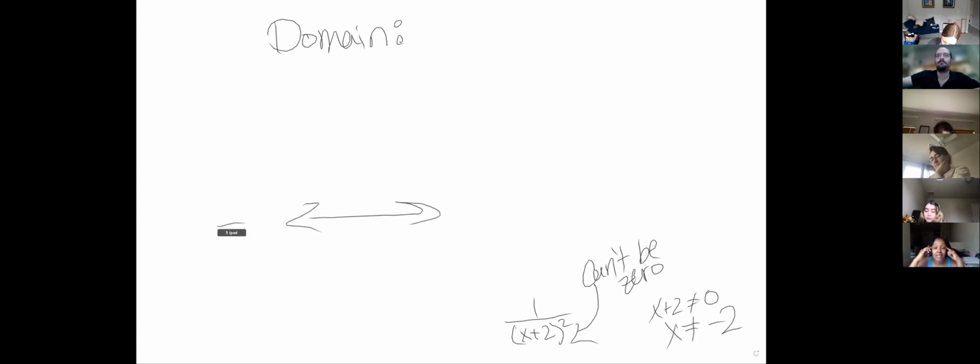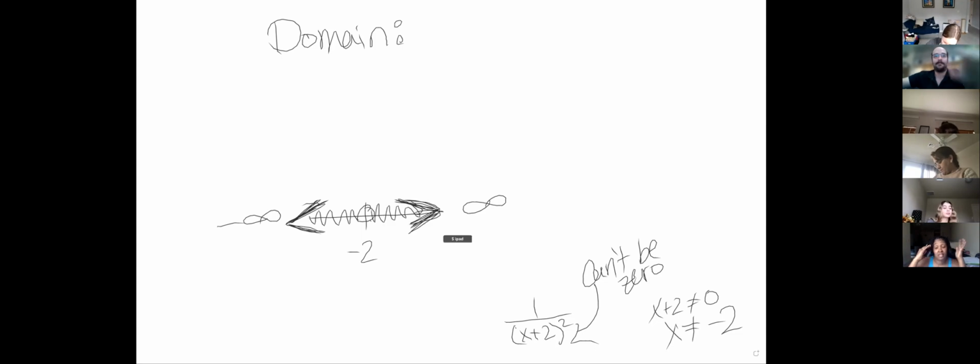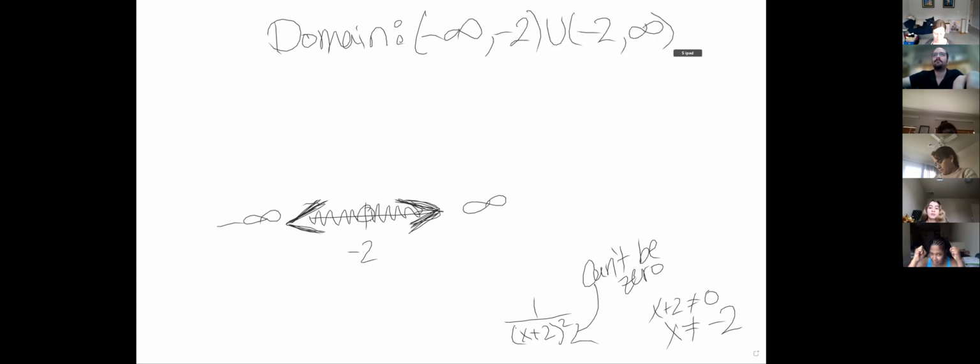Yep, and if you like drawing your number line, feel free. There'll be a stop sign at the minus 2. Then I'll write what you just said, which was negative infinity to -2 union -2 to infinity. Yep. Because our little guy starts on this side, walks this way, has to stop here, right? And then keeps walking this way.